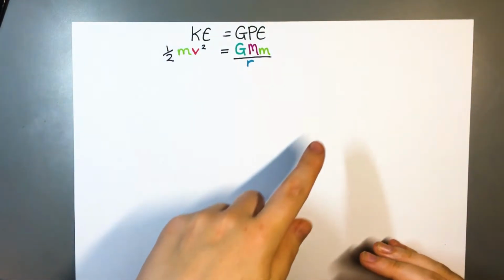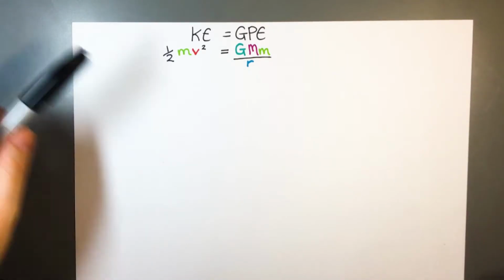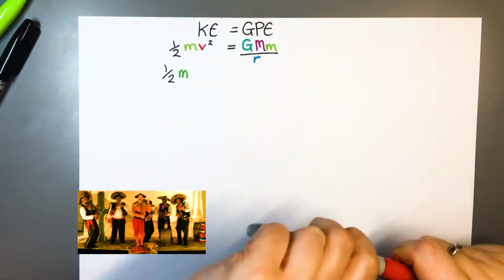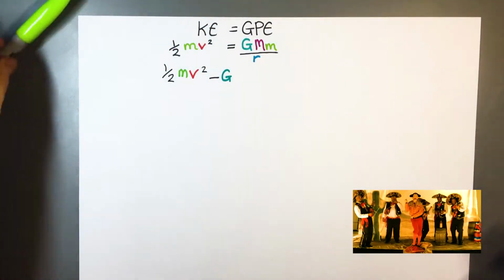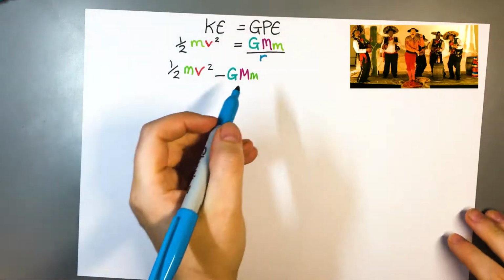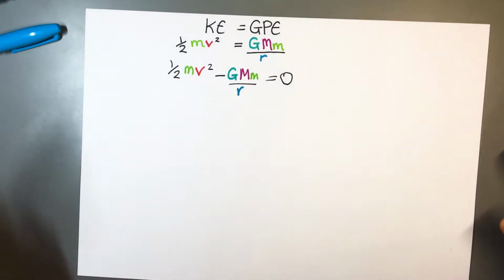Just to show you I'm not lying when I say it equals 0, another way of writing this is the following. So you can see where that minus is coming in now.